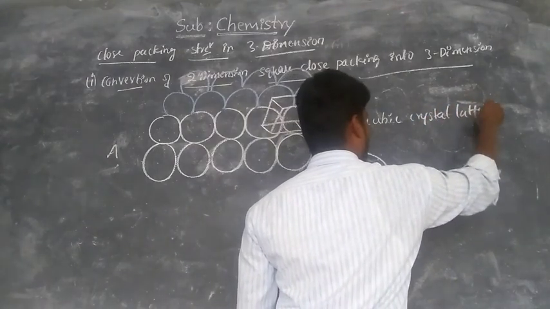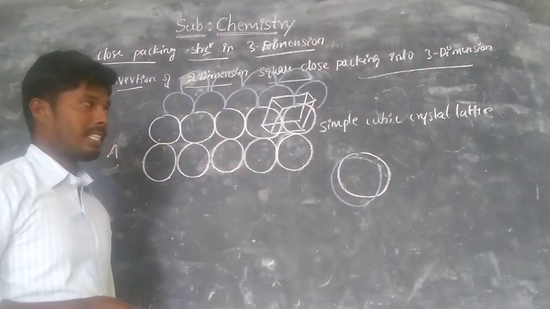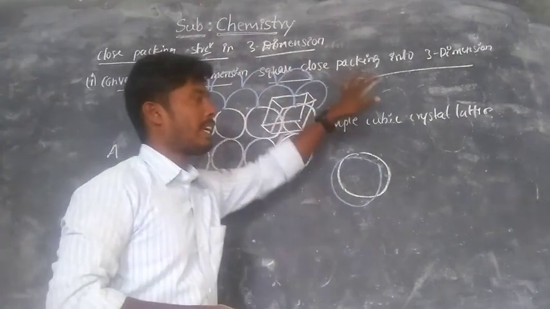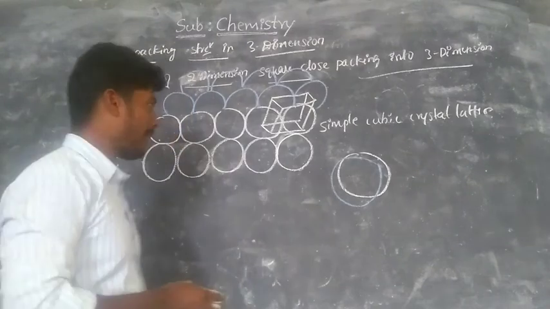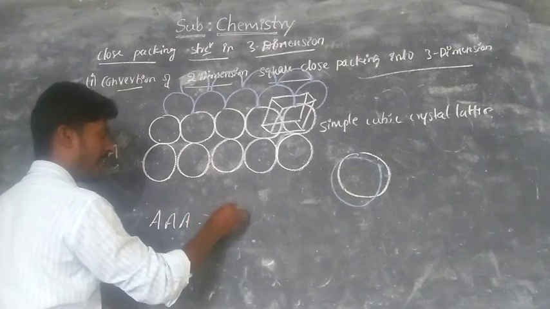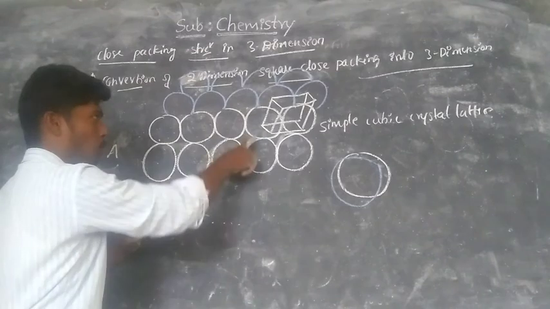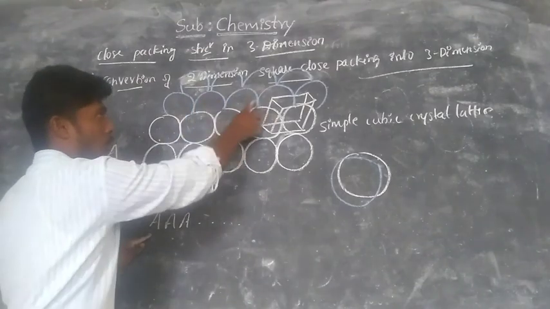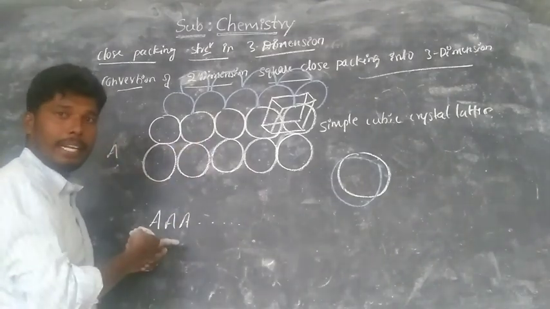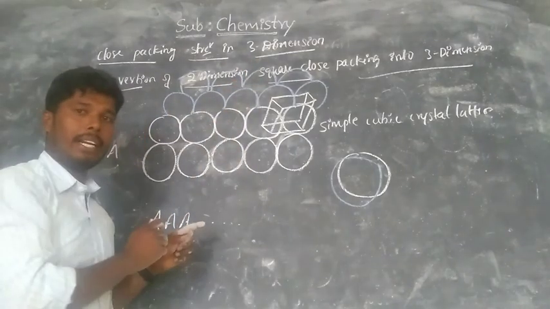Such type of arrangement observed in simple cubic crystal lattice is called primitive cubic crystal lattice. This is one type of arrangement, that is conversion of two-dimensional square close packing into three-dimensional square close packing, and this is overall called AAA. If we take this white chalk piece as layer 1, this blue colored chalk piece is assumed as layer 2, and both are identical, therefore A, and the third layer is placed above this one, that is also identical, like that.